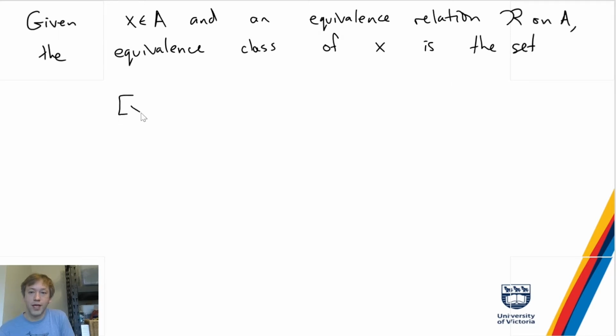The notation is square brackets x, and this is the set of all y in A such that y is related to x by the relation R.